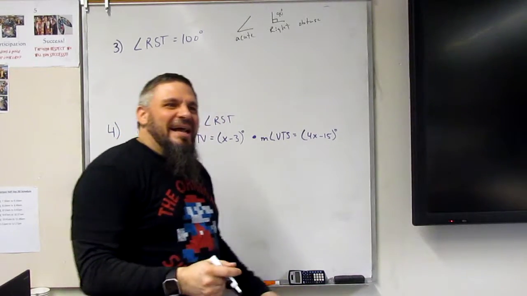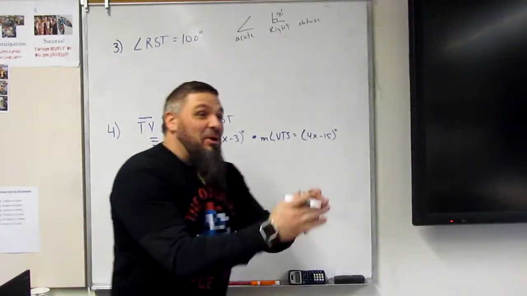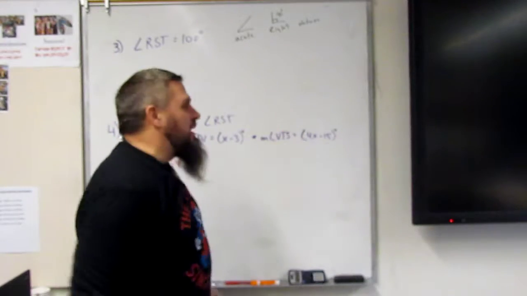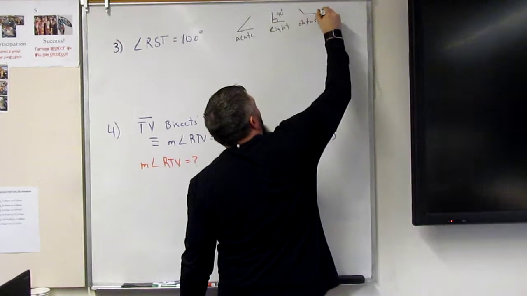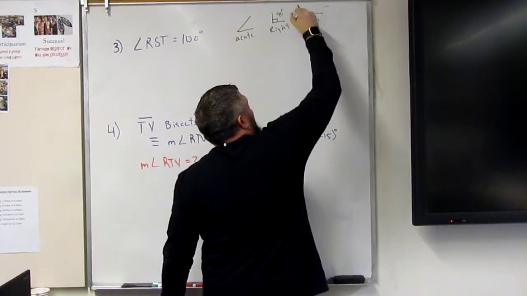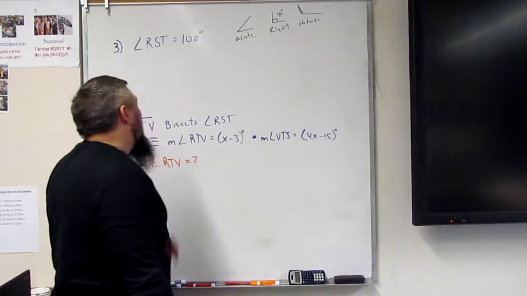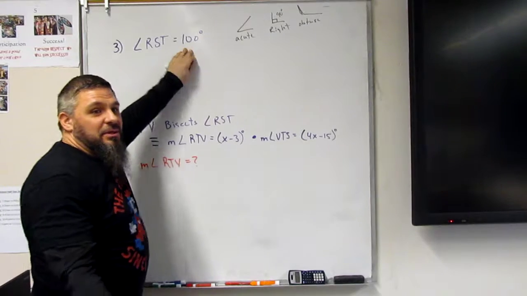Isn't that weird? You would think it'd be open-minded, but no, it's the opposite. So, obtuse means larger than 90. So, 100 is larger than 90.